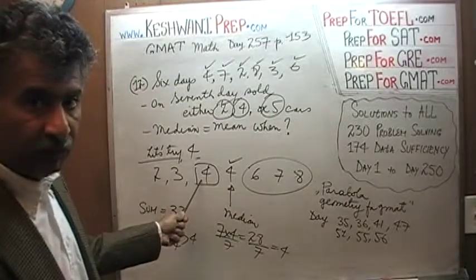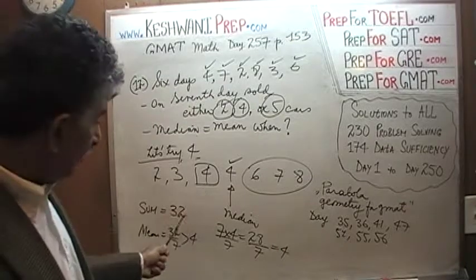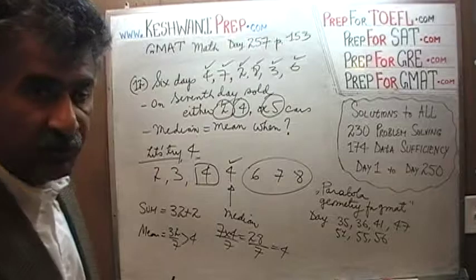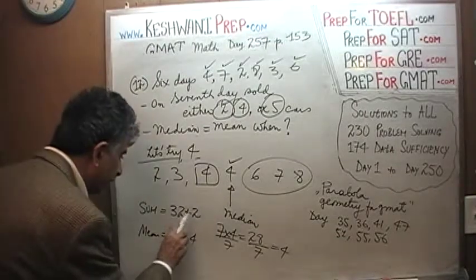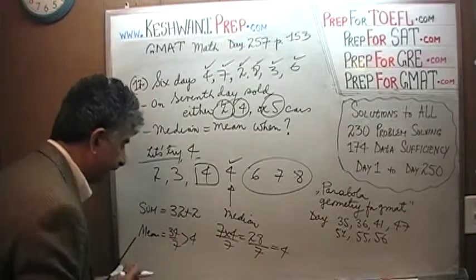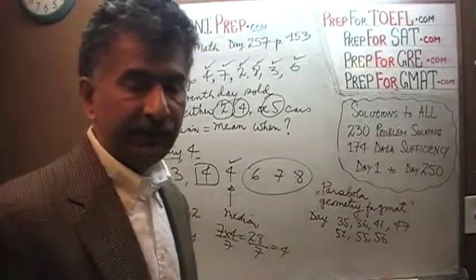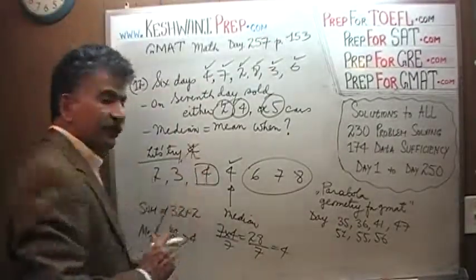Now we have replaced 2 with a 4. The sum is going to be 2 more than before. The situation is going to get even worse. 34 divided by 7, obviously it's not 4. We need 28. That's not going to work. 4 does not work. The answer is 5.